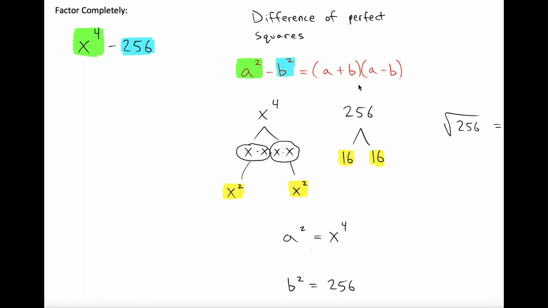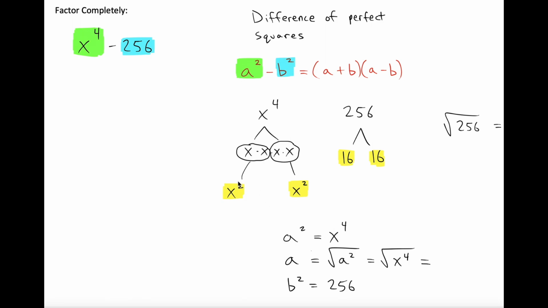In order to complete the breakdown here, we're going to want to find a, which is the square root of a squared, and b, which is the square root of b squared. So a is the square root of a squared, which is the square root of x to the fourth.